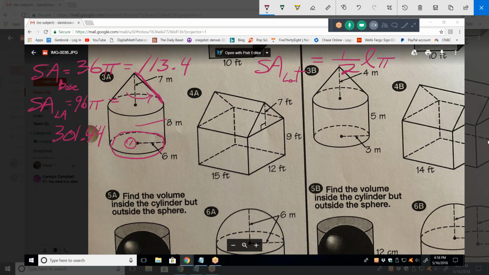Let me turn to the right page. Surface area of cones. I can't find that formula. Must have skipped right by it.